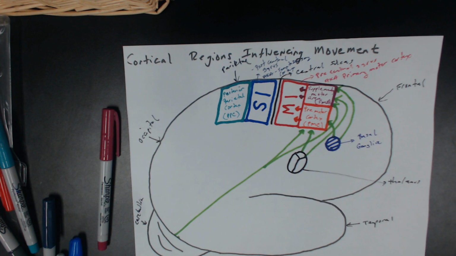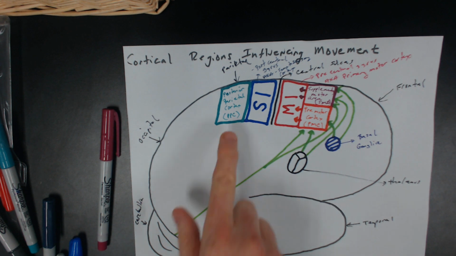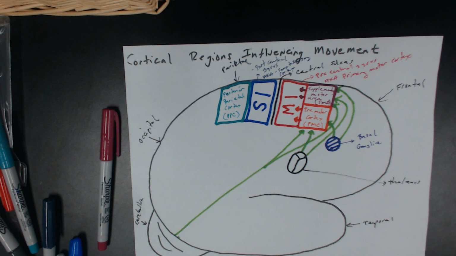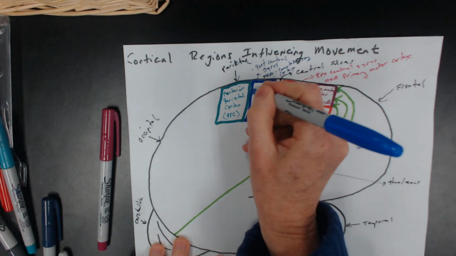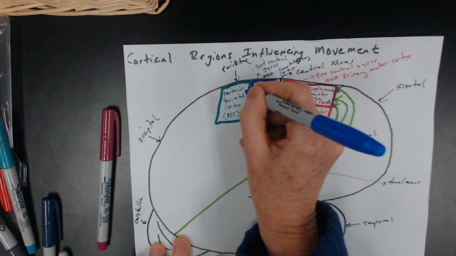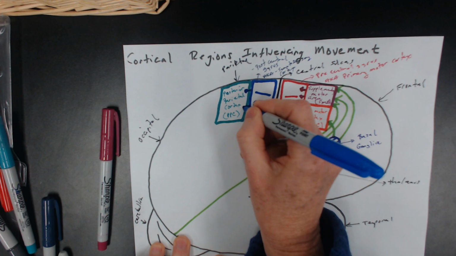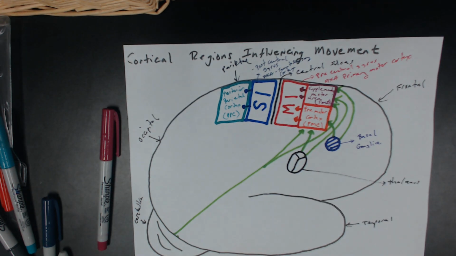All right, so thinking about the posterior, that's information feeding into M1 directly. There's also the somatosensory information coming up, again from the thalamus, that is going to feed into the posterior parietal cortex. The posterior parietal cortex's job is to make sense of the information coming in.